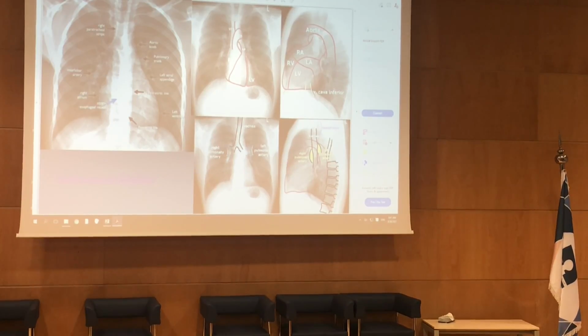But the left diaphragm, which is the higher level diaphragm on the lateral view, you only see it till reaching the heart. The reason for that is that the left hemidiaphragm and the apex of the heart are on the same side, right?